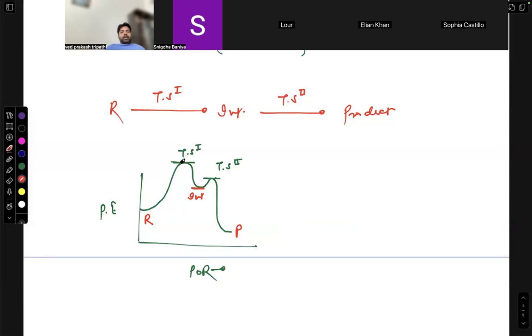The highest peak would be my slow step. This is my slow one. And this one is my fast step. In any chemical reaction, the slow step is called the rate determining step, RDS. So this is my RDS step. Clear? Please tell me, everyone.